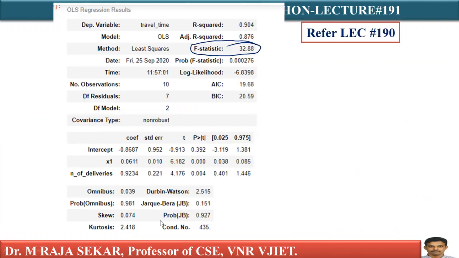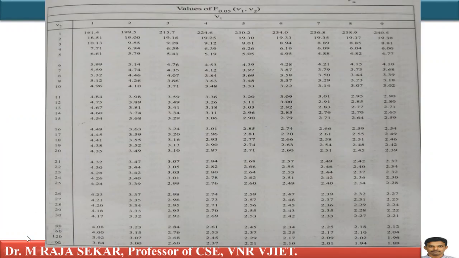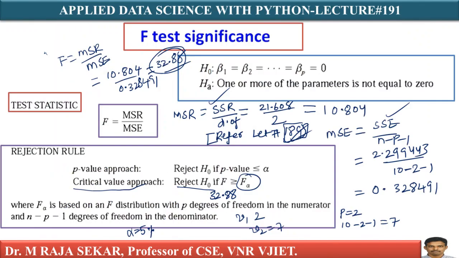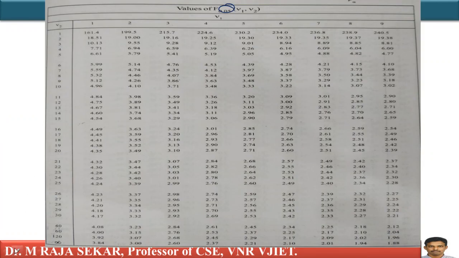Just go to your F distribution table. This is the F distribution table, and this is the 5% level of significance. What is nu1? The numerator degrees of freedom, p, is 2, and the denominator is 7. So for 2, 7, there is a value 4.74.